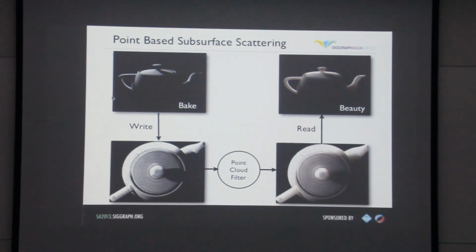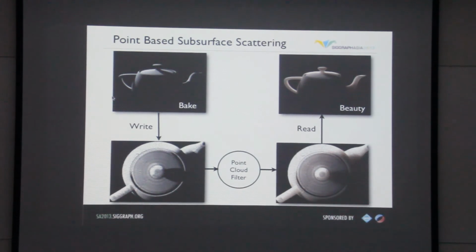We call that a radiosity point cloud. And then, once it's in this point cloud format, we can blur it. We basically average each point with the points of its neighbors, then tint it by a color, often called albedo. Then we read that into the beauty pass in addition to the diffuse. And check it out, that teapot looks like it's translucent. Kind of almost looks like it's made of flesh, which is kind of weird.